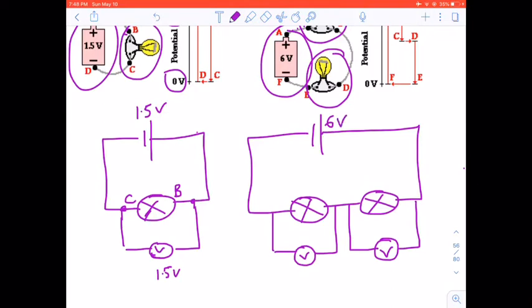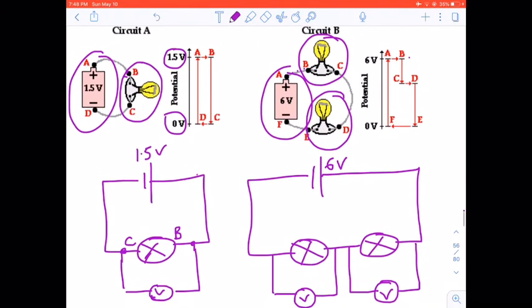That means if these two bulbs have equal resistance, then you would have 3 volts being dropped at each bulb. If that is, say, B, and that is C, and this is D, and that is E, you got your voltage by a battery which is 6 volts, right?